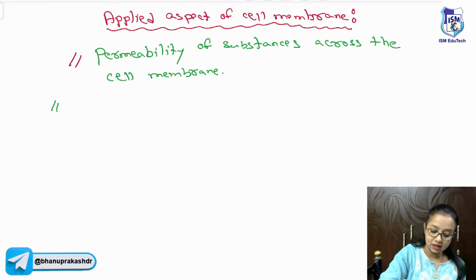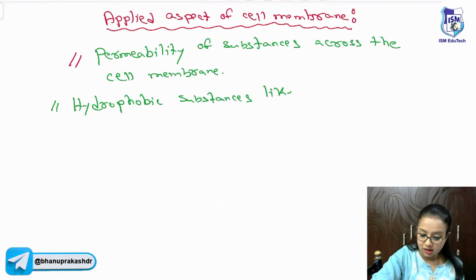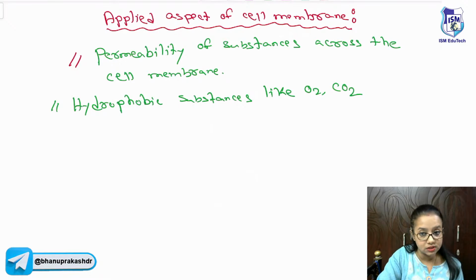It is seen that hydrophobic substances, what are the hydrophobic substances? Like oxygen, like carbon dioxide, means the substances which do not dissolve or which are not very friendly to water. These are the hydrophobic substances.